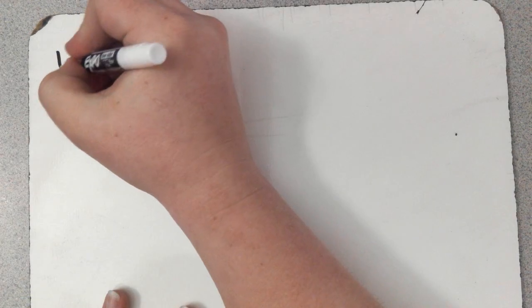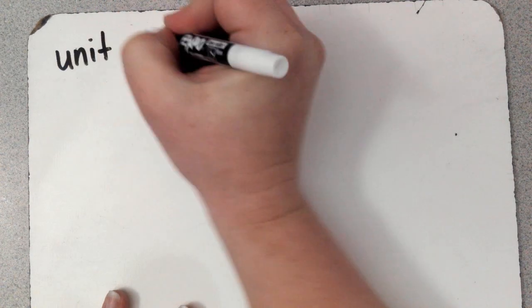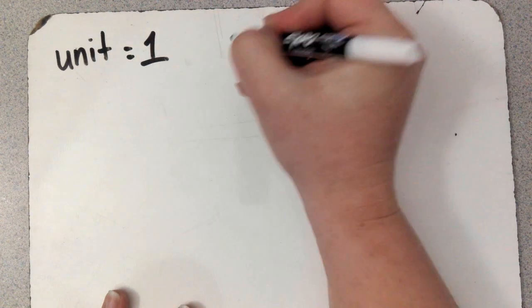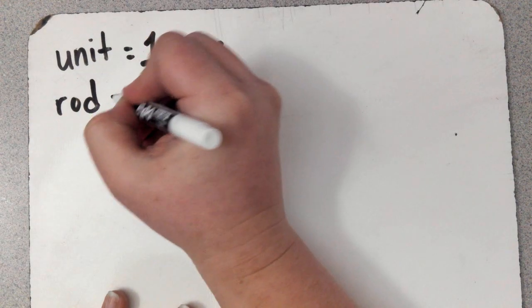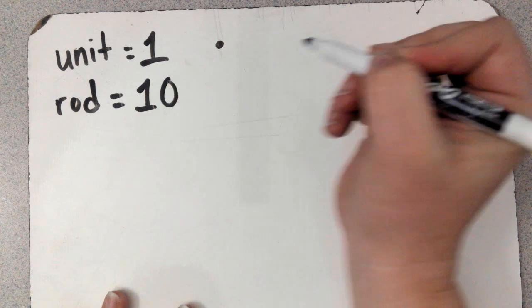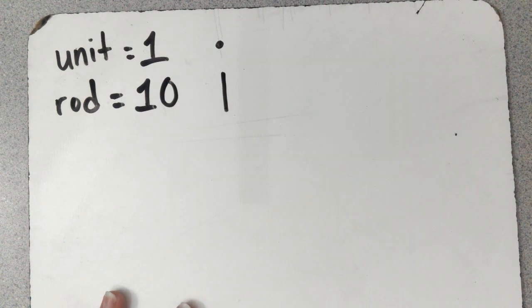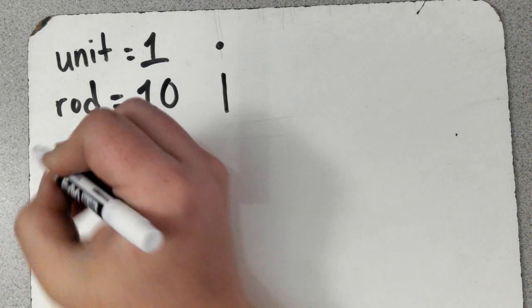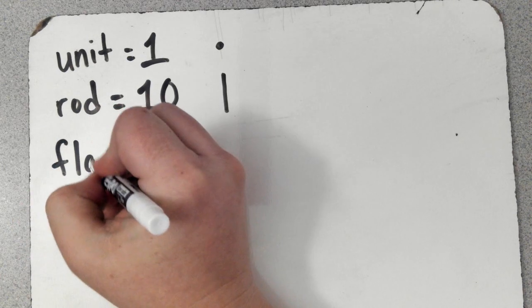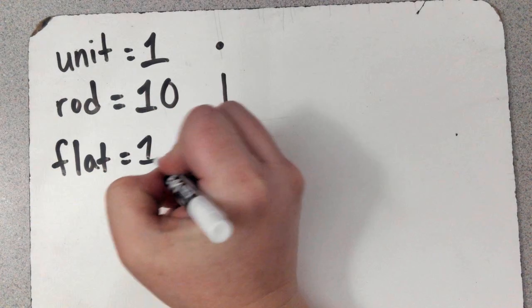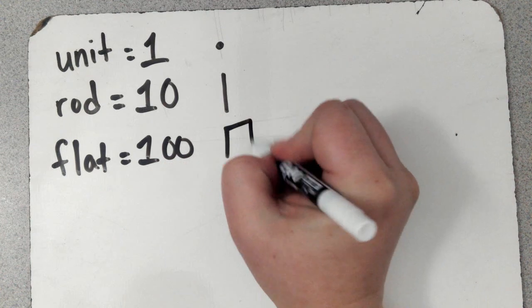So if it's a unit, and I'll rewrite the word, which was just worth 1, what you're going to see is just a dot. If it's a rod, or tens, you're going to see a line. And if it's a flat, or a 100, it's going to be a big square.